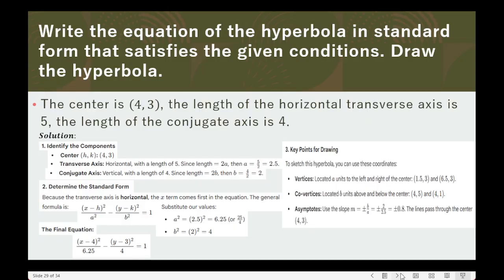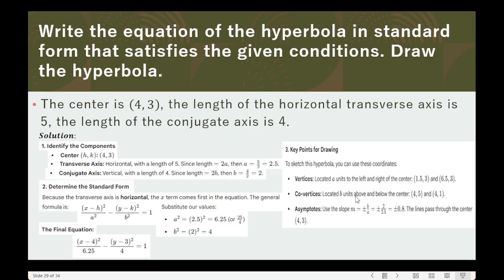Then, the key points for drawing or sketching the graph of the hyperbola. First is, we locate a units of the length to the right and left of the center. So 1.5 and 6.5.